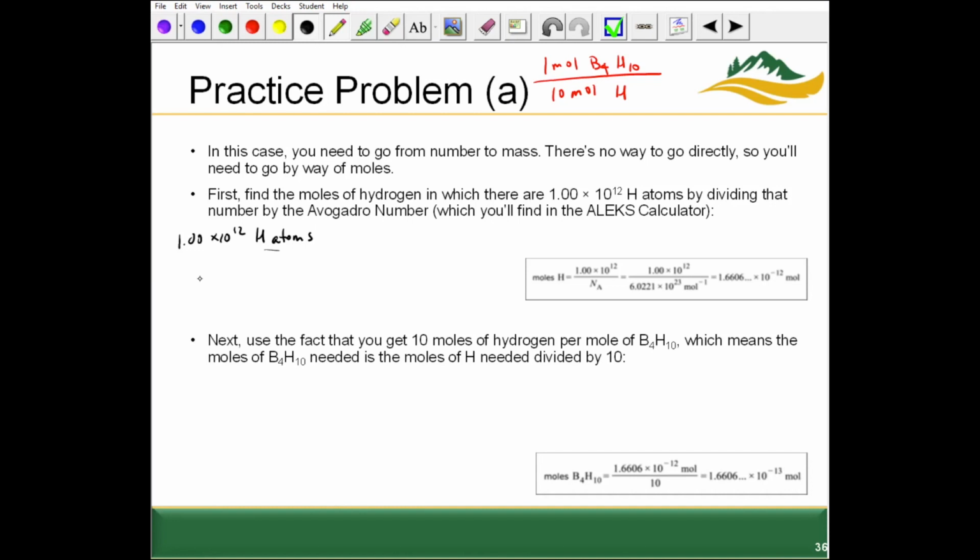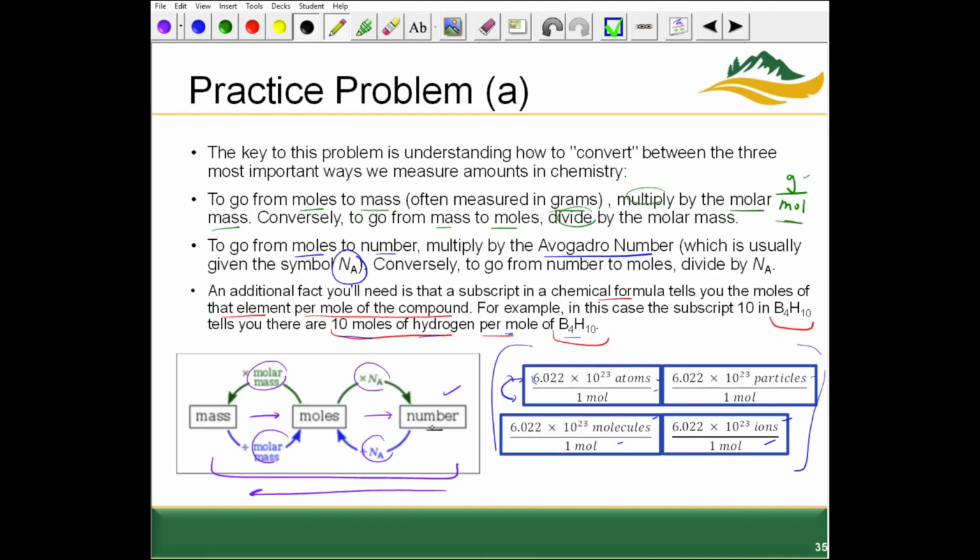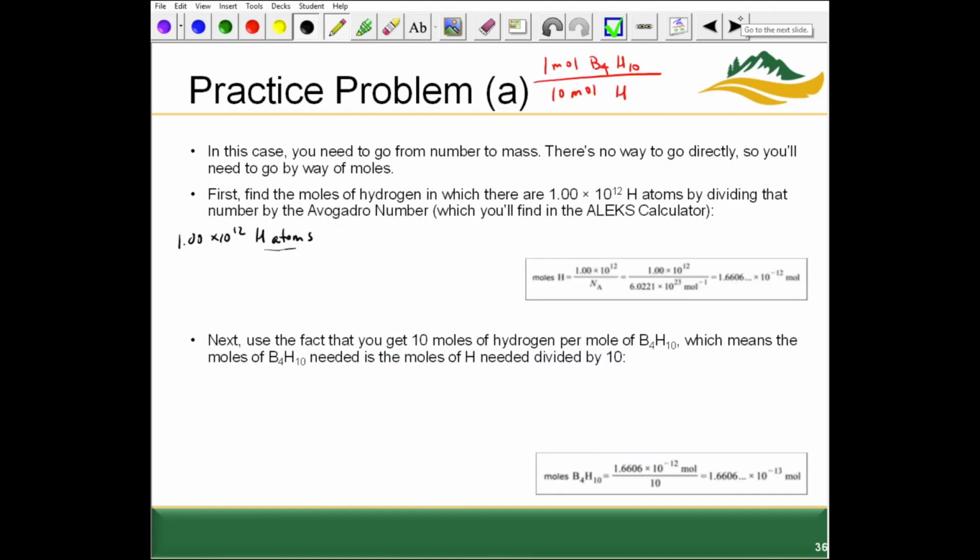Well, one step we need to take is to go from atoms to moles. All right, so we have a number right now, but we want to go to moles in order to then get to a mass. We're working with hydrogen atoms, but we want moles, so we're going to use this version of the conversion factor. We want to cancel out atoms, but leave moles. So how do we orient that conversion factor?